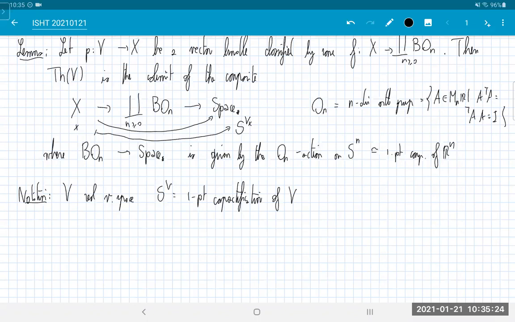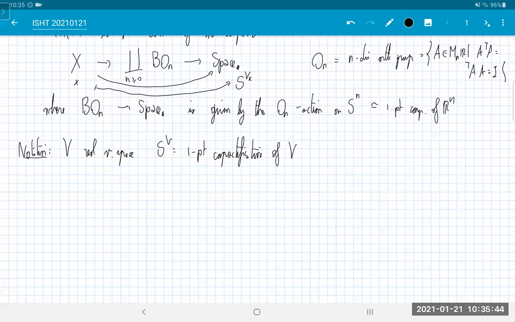Excuse me, Denis, could you go once more on how this action on Sn gives a map from BON to spaces? Yes. Let me be precise, actually. I need to go back to how we defined the infinity category spaces star.